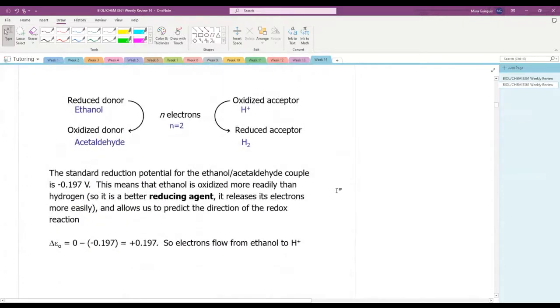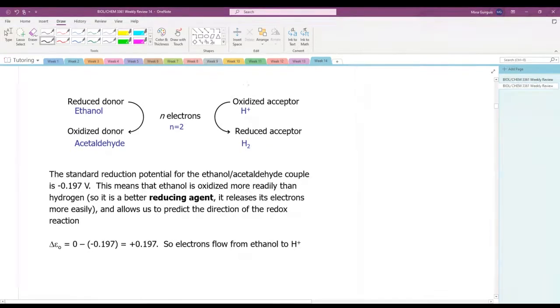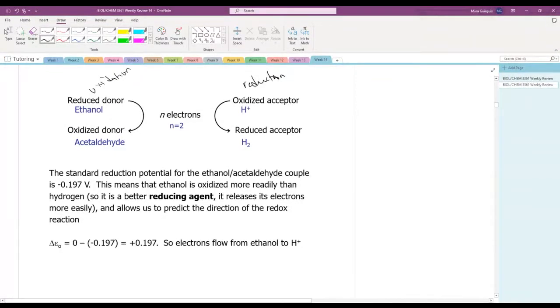Okay, so now let's deal with the numbers. What we see here is this side is the reduction, this side is the oxidation. Ethanol is oxidized to acetaldehyde, H plus is reduced to H2, and in the process, 2 electrons are transferred.